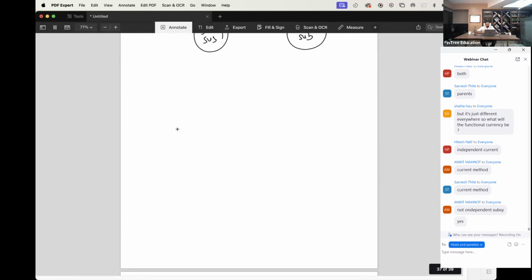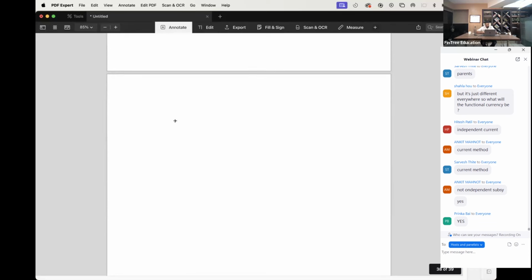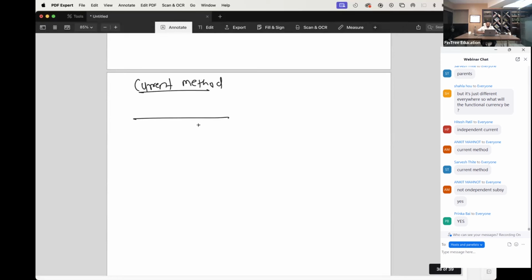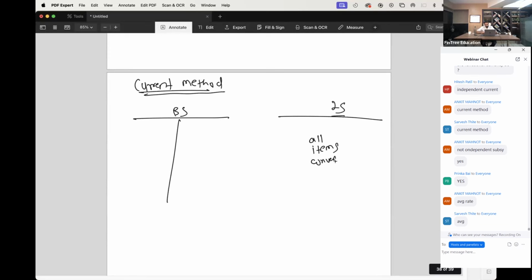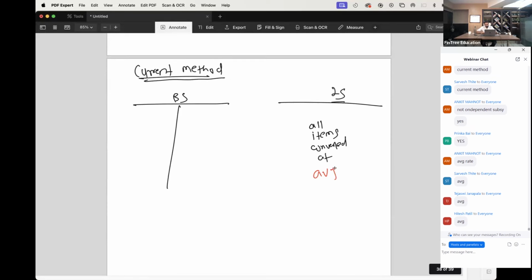Then how do you do the conversion? So here's how you do the conversion. I'm building one big table for you. This is in the notes, so I'm kind of repeating that, but it will be fun to do it. Current method. This is my balance sheet. This is my income statement. Under the current method, all items on the income statement are converted at, come on, help me out, average cost.